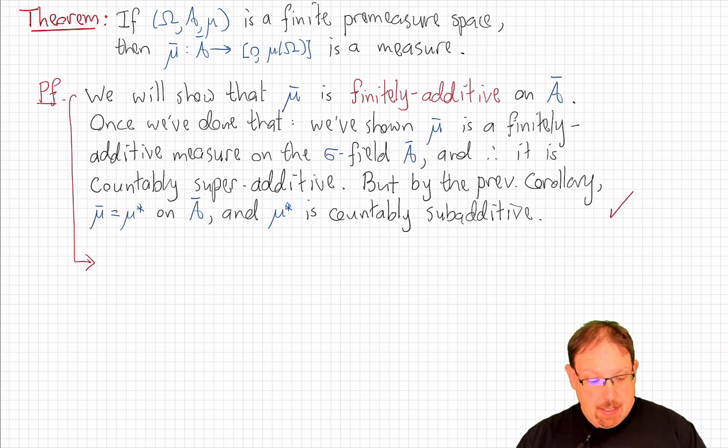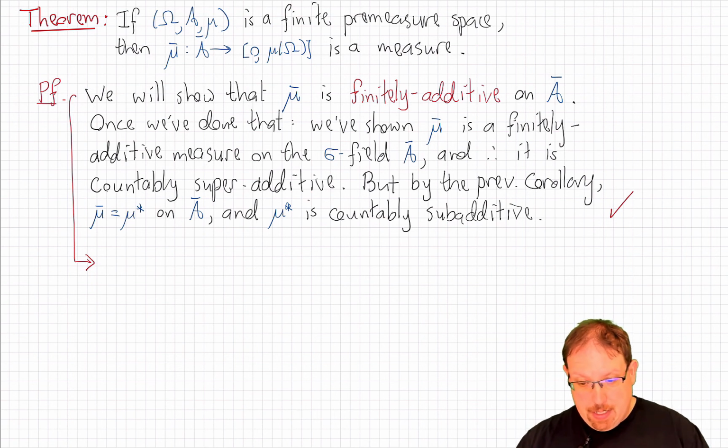And so that means that mu bar is both countably superadditive and countably subadditive on A bar, and is therefore countably additive there, showing that it is a measure. So we need only show that mu bar is in fact finitely additive. And that will follow very easily from its definition as a continuous extension of mu, which is finitely additive.